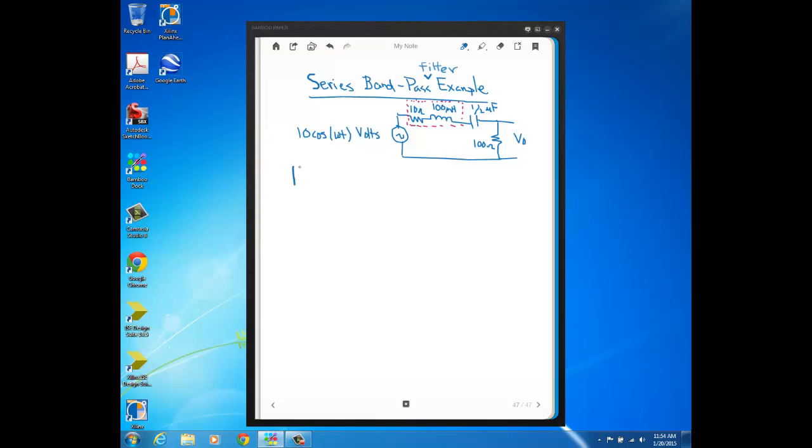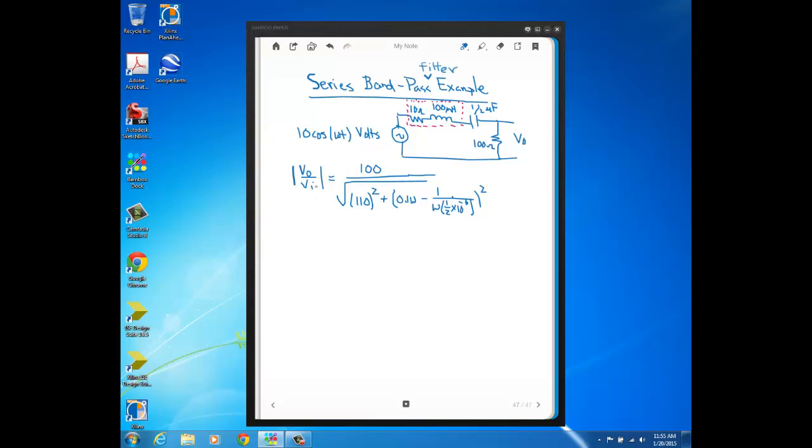First of all, the frequency response equation, the magnitude of V out over V in, would look something like this, where we have 100, the resistance across the output, in the numerator, and then the square root of 110 squared, because this is the 100 plus the 10 ohms of the resistance of the inductor, plus omega L, which would be 0.1 omega, minus 1 over omega times half times 10 to the minus 6 since it's micro, and then all squared.